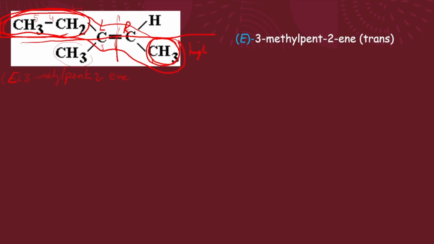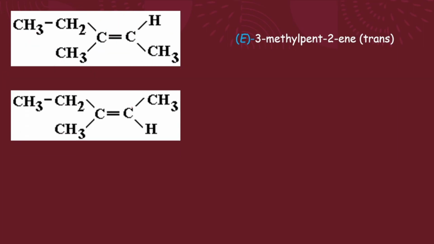Okay, let's go to the next example. Now in this compound, we have to put a name. The name will be similar to the above compound, because we have exactly the same longest chain. The only difference is the arrangement or the position of the groups around the double bond.